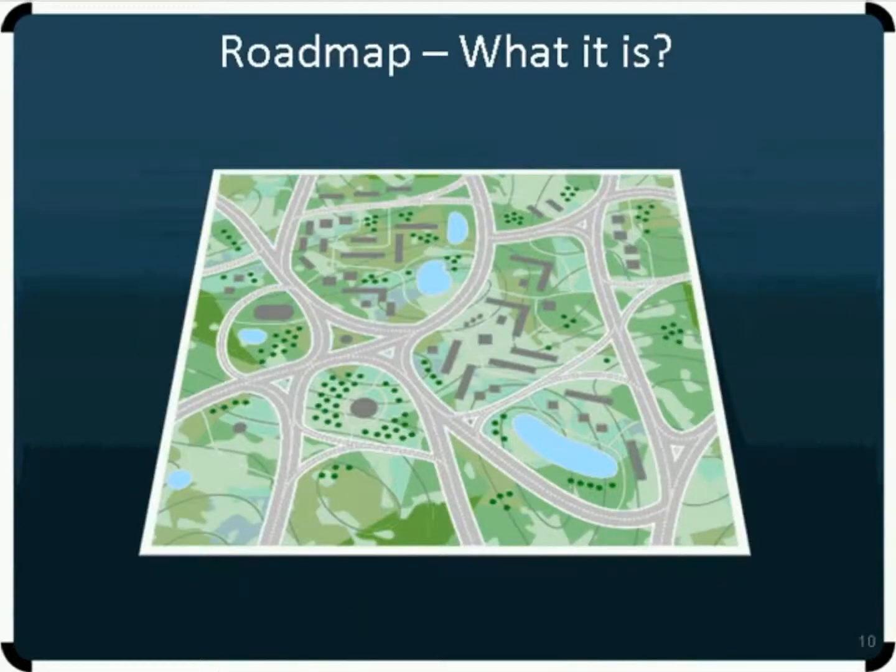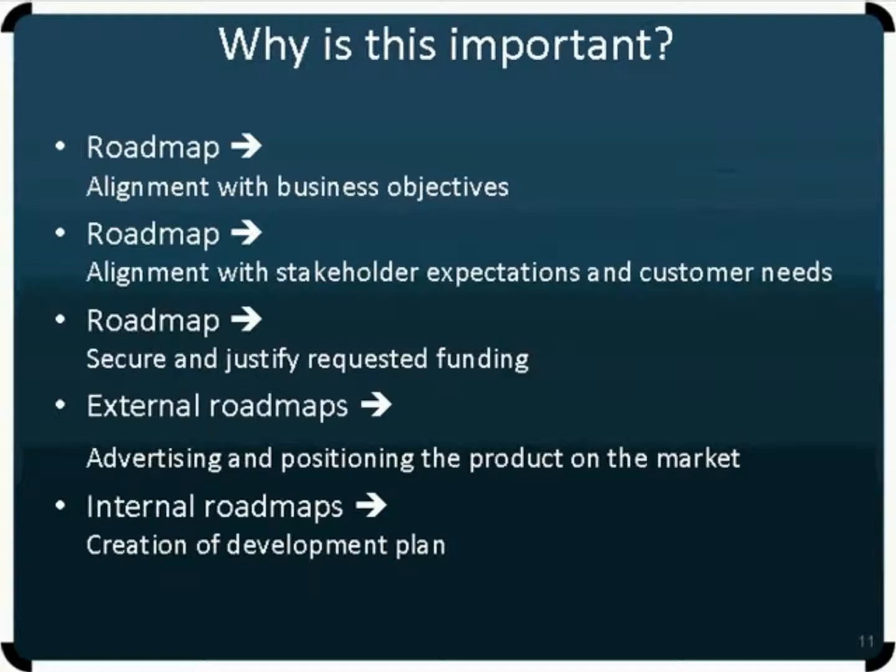What is a roadmap? So roadmap is another word for the sequence of product release contents. So it gives us orientation of what comes when, and this is the key question behind product release planning. So this orientation, why it is important. We have different reasons why road mapping or product release planning, I use this synonymously, is important. It's first of all the necessary alignment of your development efforts with the business objectives.